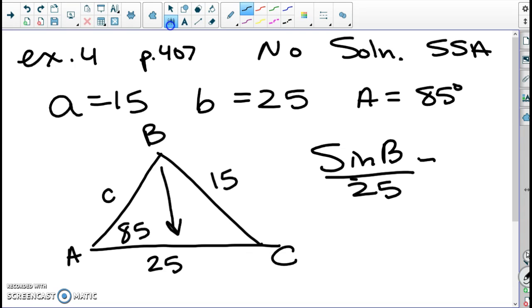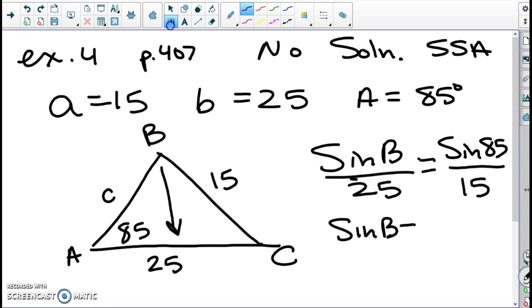We're going to set that up with the ratio that we do know, the sine of angle A, 85, over the side length 15. So we're going to go ahead and solve that proportion, finding the sine of B, which works out to be 1.6603, which is greater than 1.